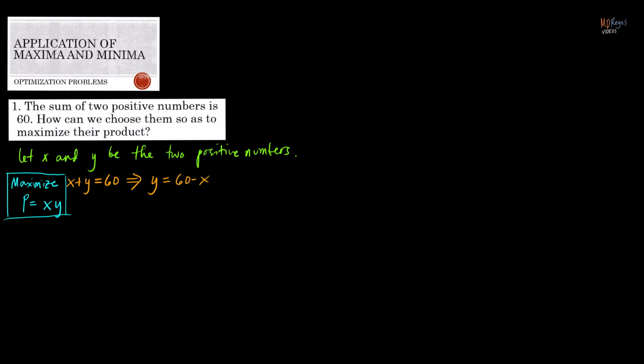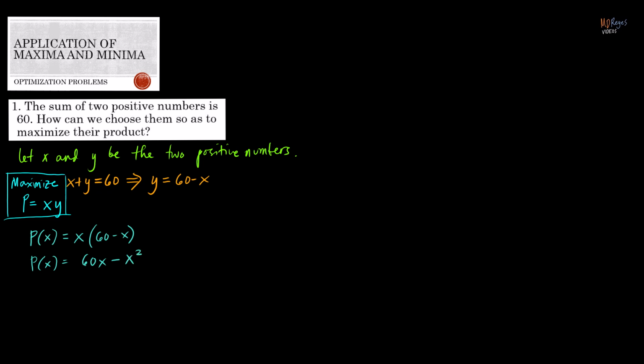Okay, now the function p can be written in terms of x only because y is equal to 60 minus x. So p now would be in terms of x only, and we'll call it p of x equals x times y, where y is equal to 60 minus x. And then we'll simplify the function by removing the grouping symbols, and we'll have p of x equals 60x minus x squared.